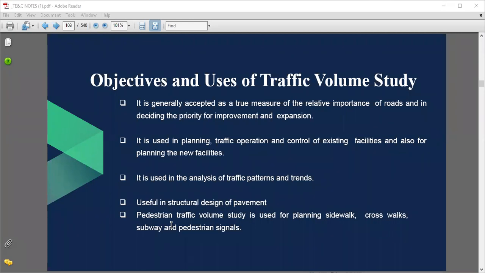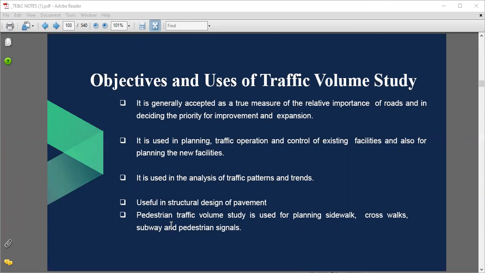So for that purpose, these are the very important parameters about the objectives of the traffic volume study, and that is the most important for the expansion and improvement of the road. Second is achieving smooth functioning on the road. Again, achieving traffic patterns and trends. It is also very useful in the structural design of pavement.